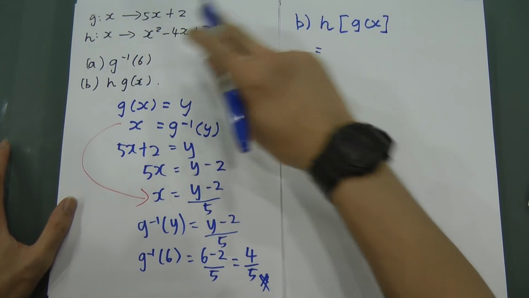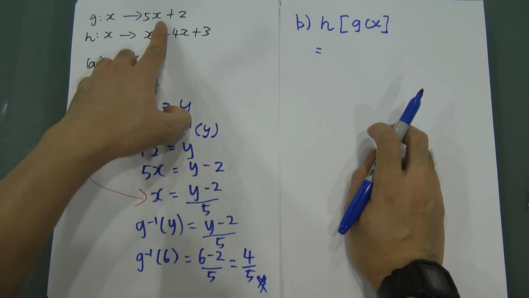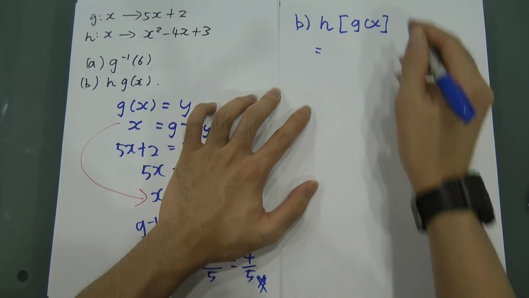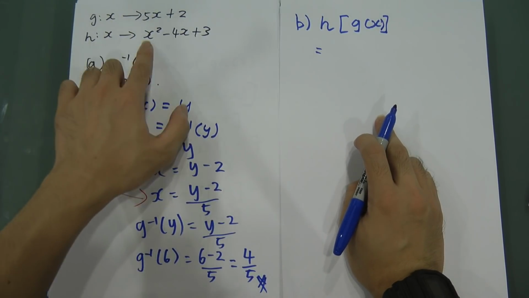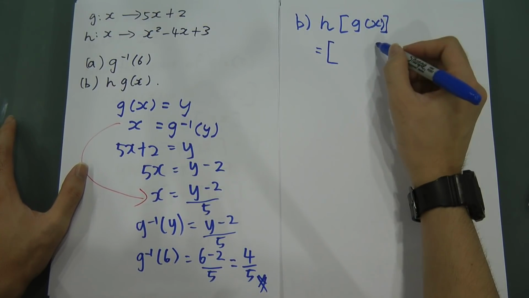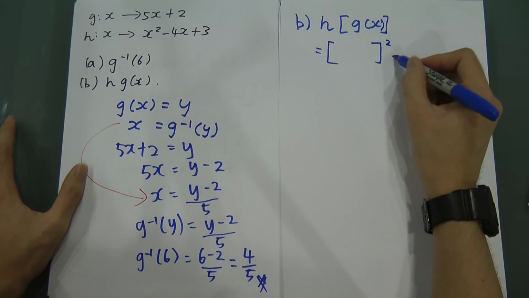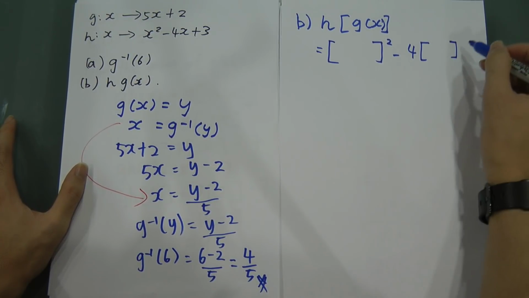All the x I put bracket because later I have to substitute gx into all the x here, because this is hgx. So now all the x I put bracket: (x) squared minus 4(x) plus 3.